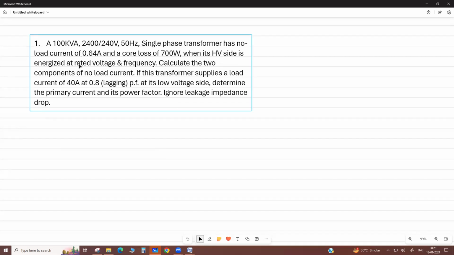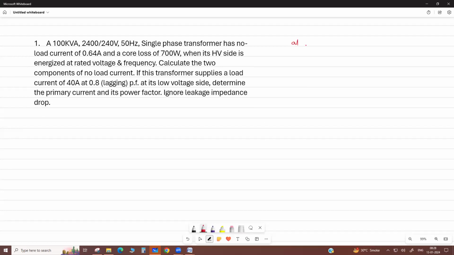It is HT side is energized at rated frequency. So at no load, your primary side we energize with rated voltage, means we apply here 2400 V1 and then it takes a no load current and the secondary we kept open.